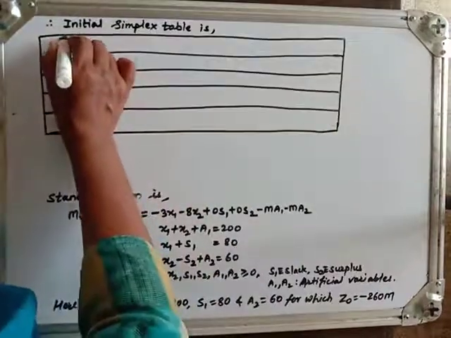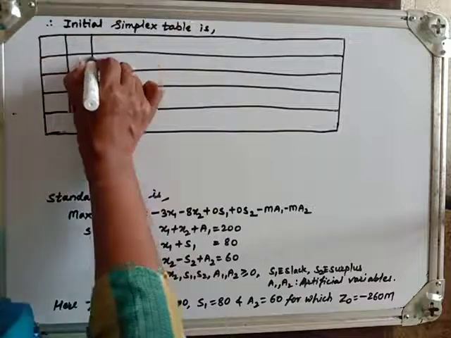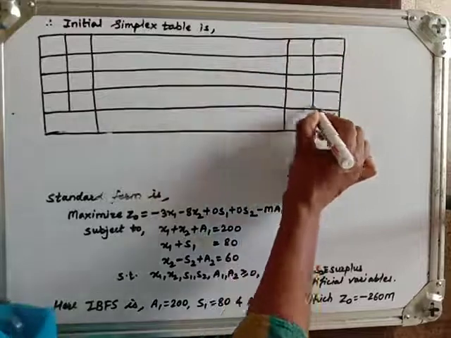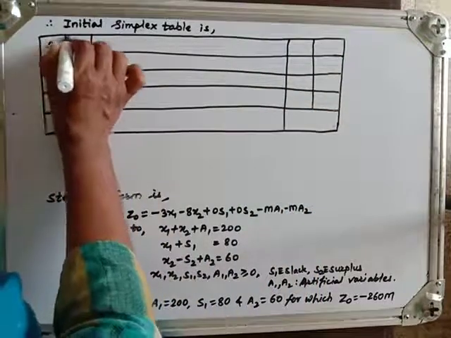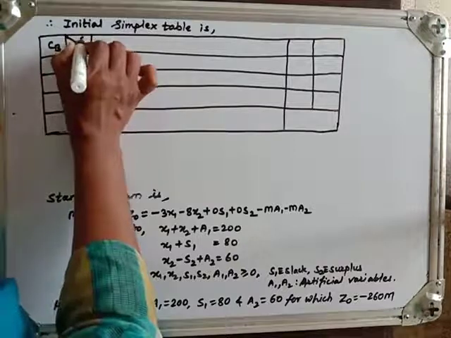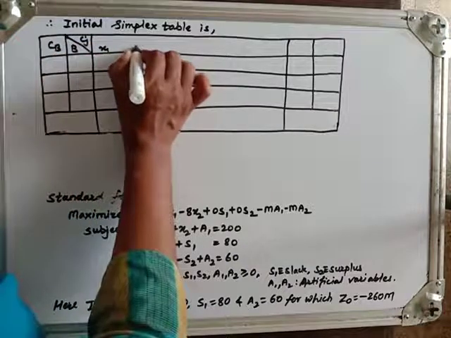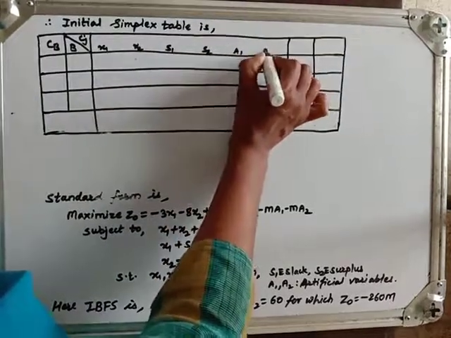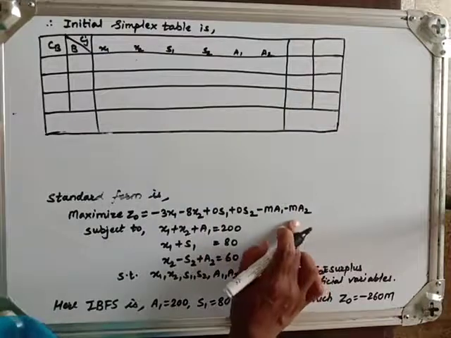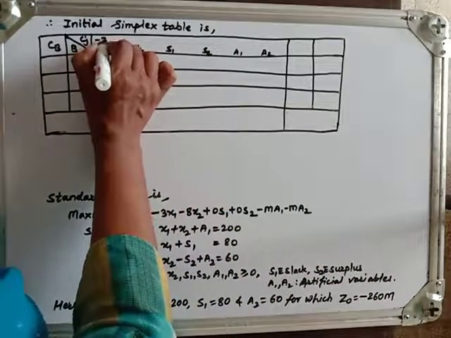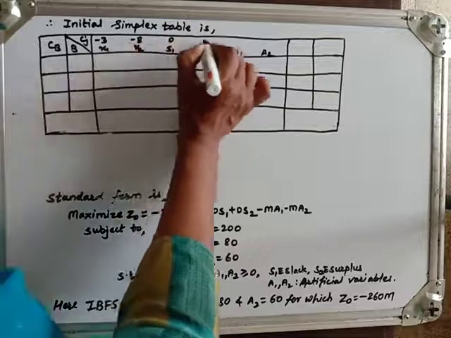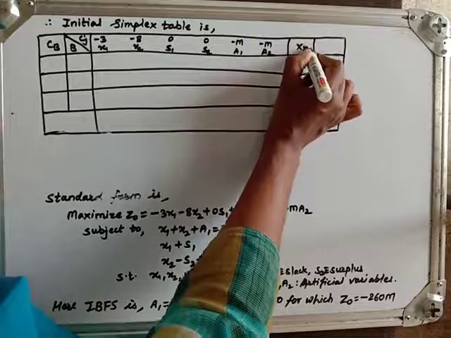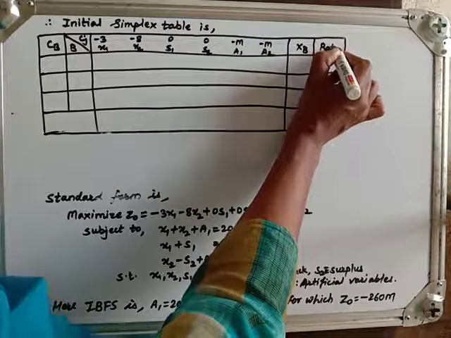The columns are CB, B, Cj, x1, x2, s1, s2, a1, a2, with the objective function coefficients -3, -8, 0, 0, -M and -M. Here xB and the ratio we will write.